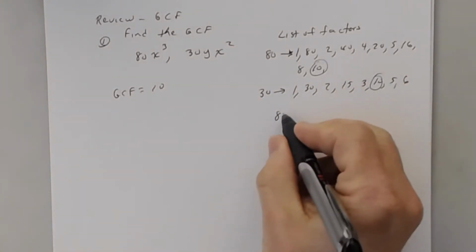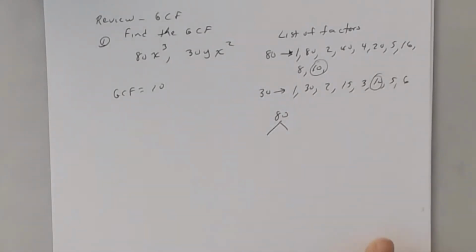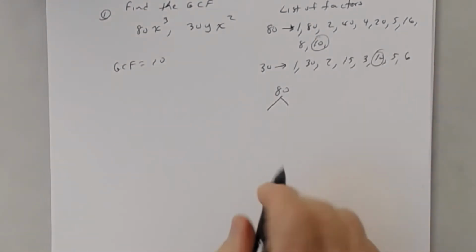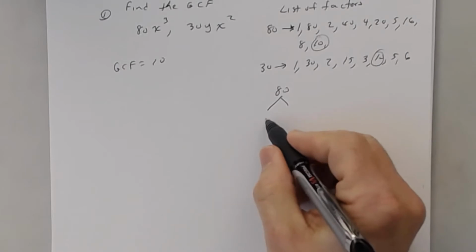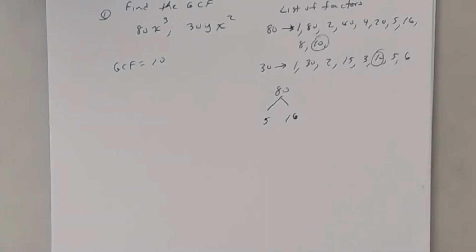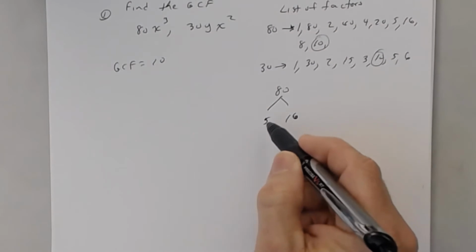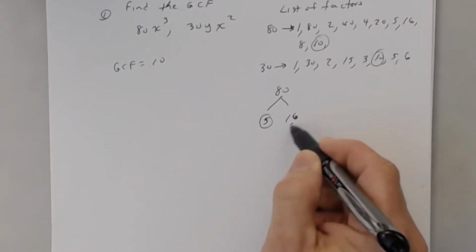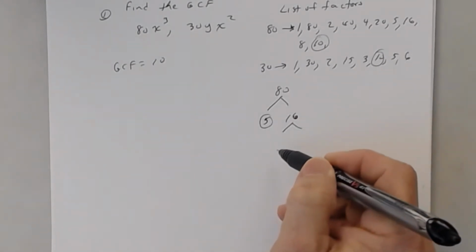So let's do 80. So remember the little branches. So give me two numbers whose product is 80. 5 and 16. Okay, I'm going to use 5 and 16. You can say 2 times 40, a bunch of stuff, right? What do you remember about 5? It's prime, so I'm going to circle it. 16, I know, is 2 times 8, 4 times 4.